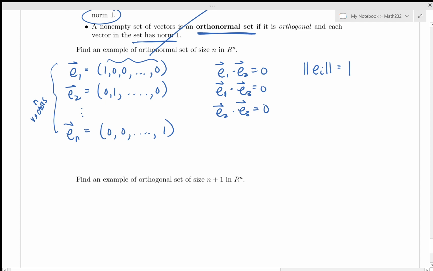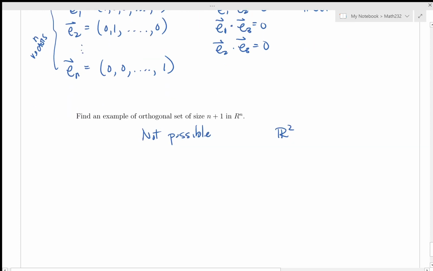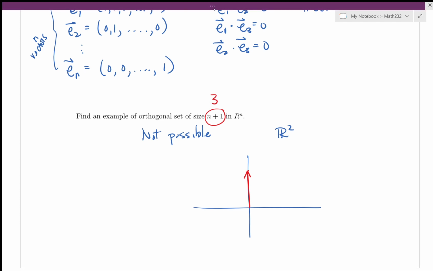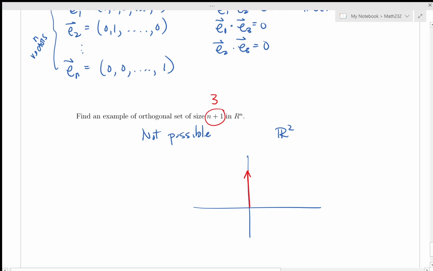Okay, this is not possible. Let's just look here, for example, in R2. I would take one vector. Here it is. There's one vector. I would now, in fact, be looking here for 3 of them because n is 2 in my little case here. So I've got one vector, and then I say, okay, fine, I'm going to get one that's perpendicular.